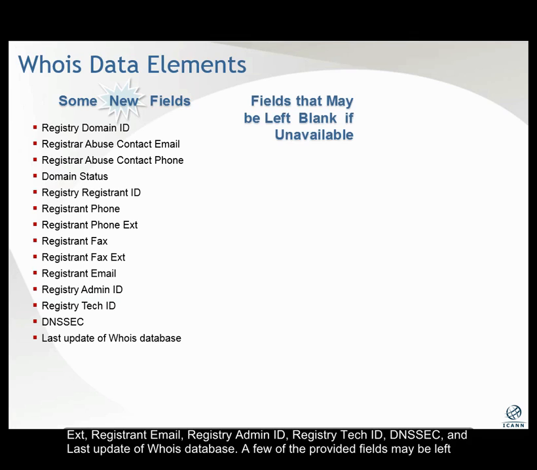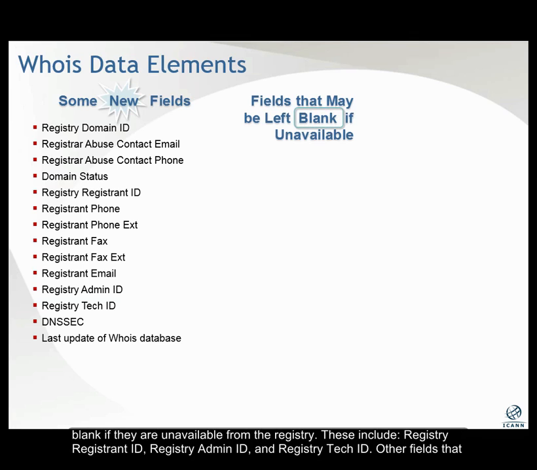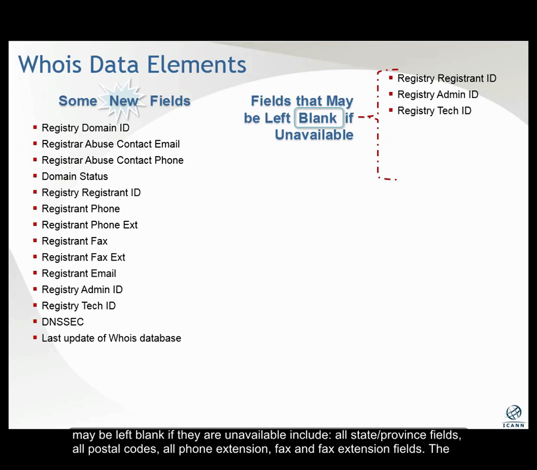A few of the provided fields may be left blank if they are unavailable from the registry. These include Registry Registrant ID, Registry Admin ID, and Registry Tech ID. Other fields that may be left blank if they're unavailable include all state/province fields, all postal codes, all phone extension, fax, and fax extension fields.